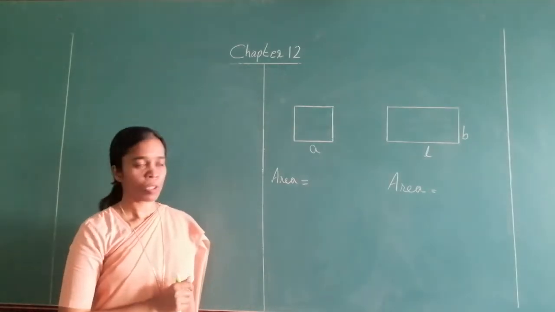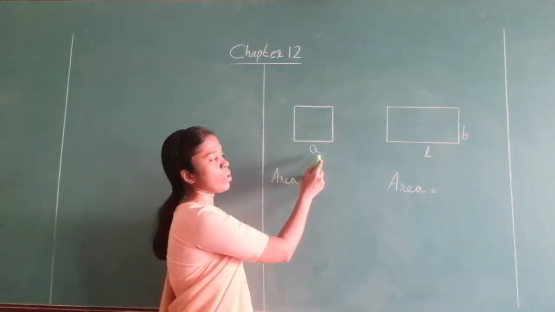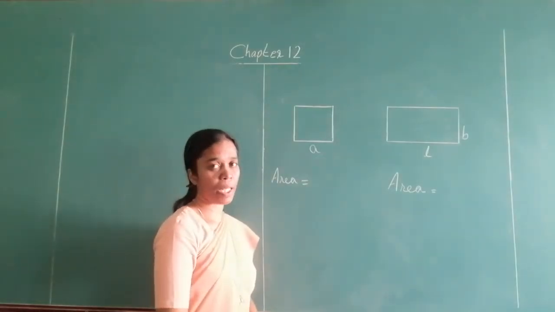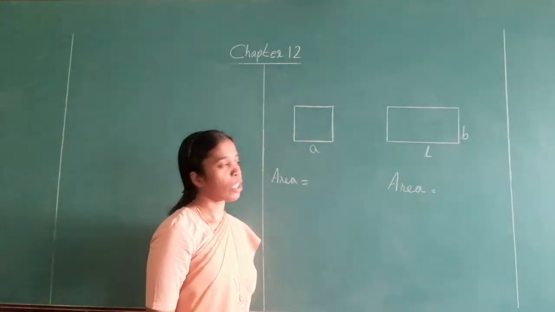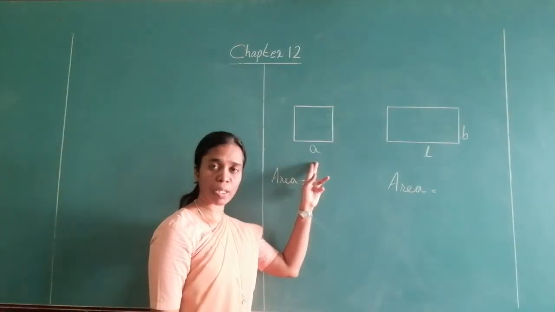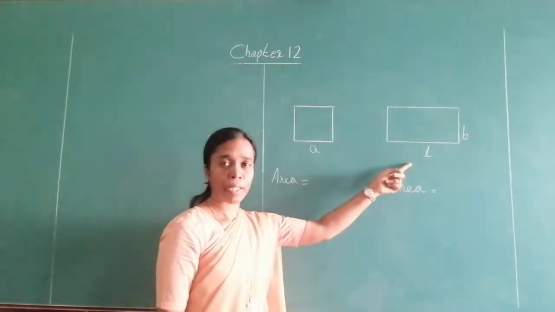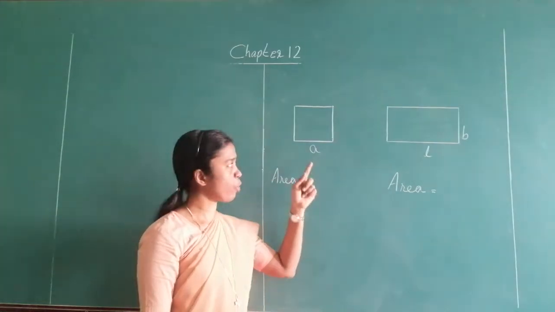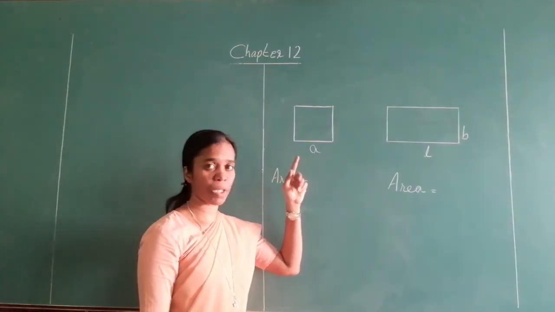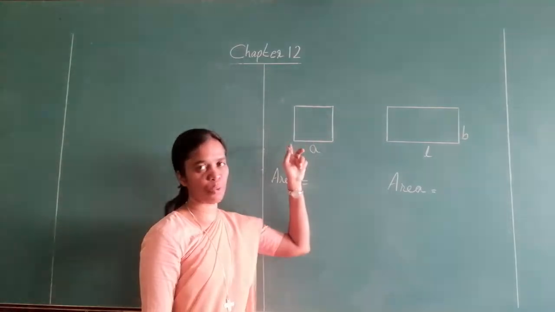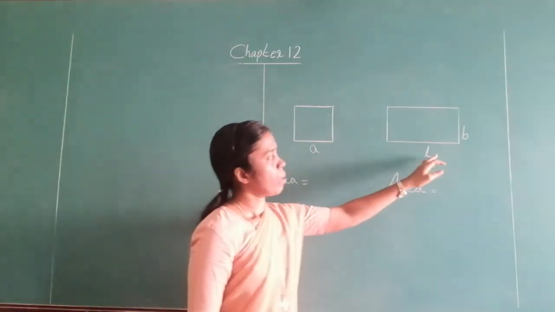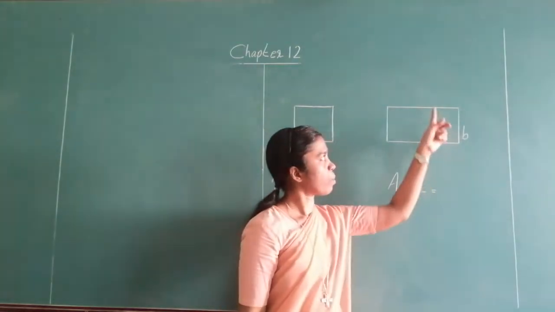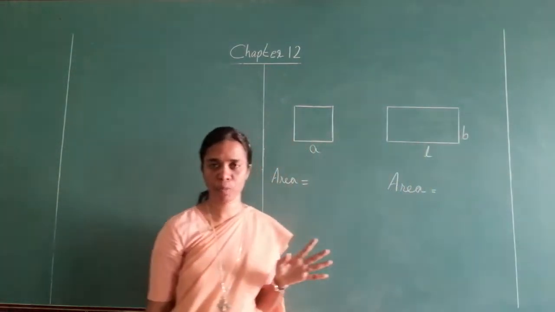Now, since we have square and rectangle, we have to learn the area of a square and a rectangle. As you know, in a square all the sides are equal. In a rectangle, opposite sides are equal. We have learned the perimeter of a square, 4a, and of a rectangle, 2 bracket L plus B, adding the length of all sides.